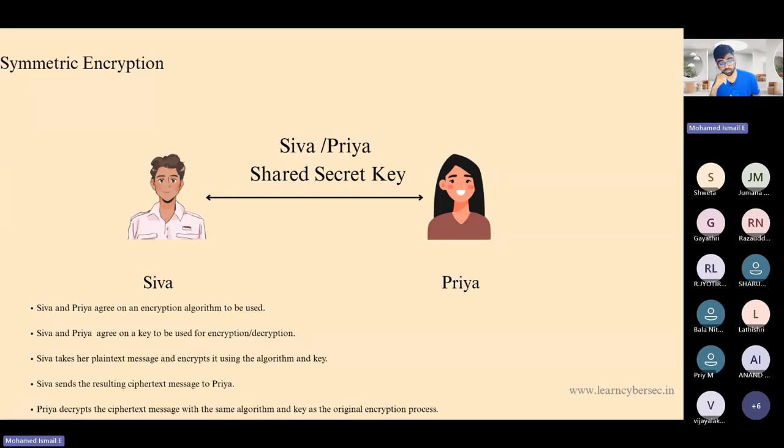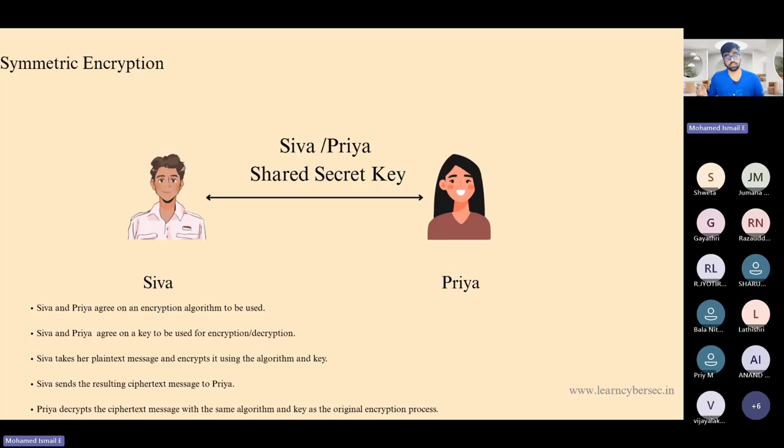Let's take symmetric encryption with a short local example. Siva and Priya are friends. Using symmetric encryption, Siva and Priya agree on an encryption algorithm to be used. Let's say I use RSA, and you also use RSA. They also agree on a key to be used for encryption and decryption.